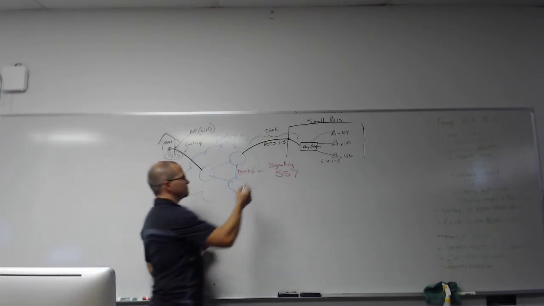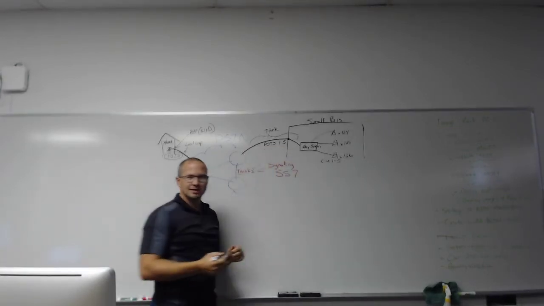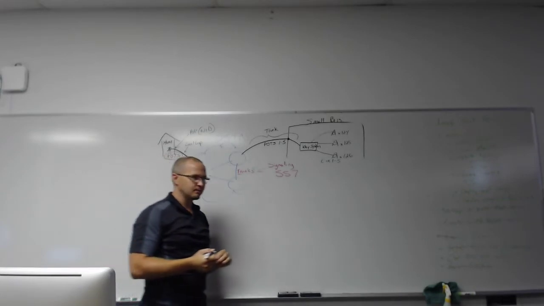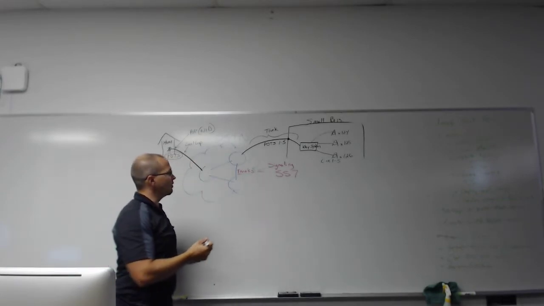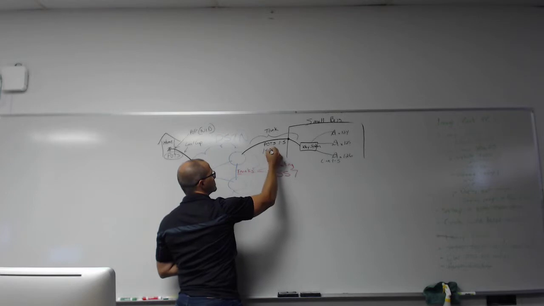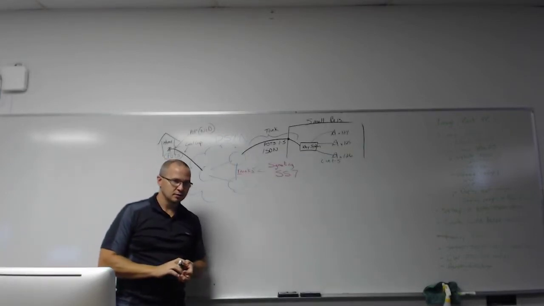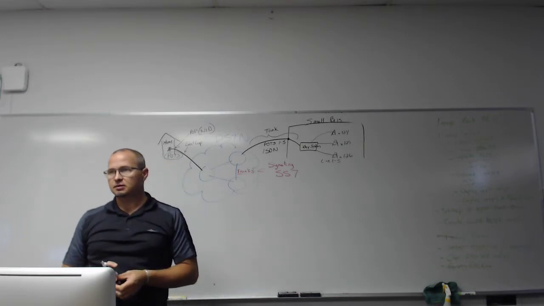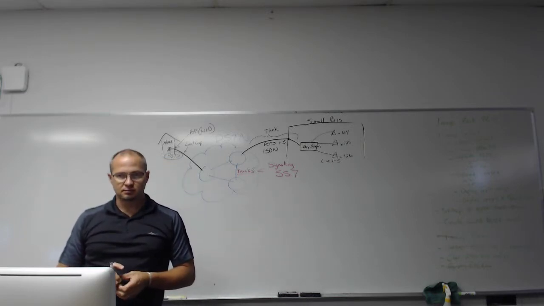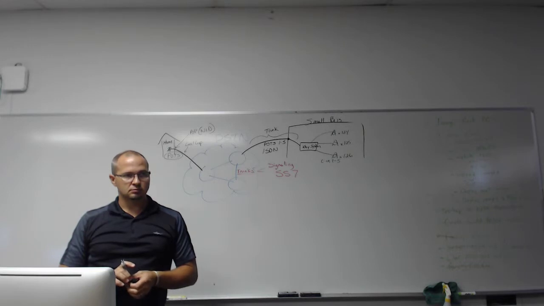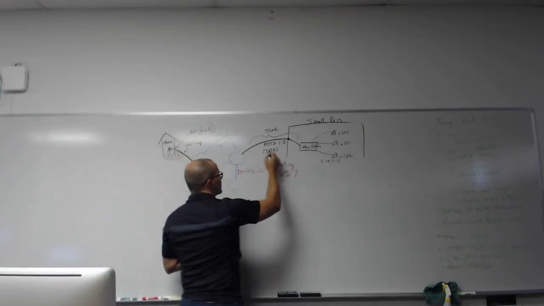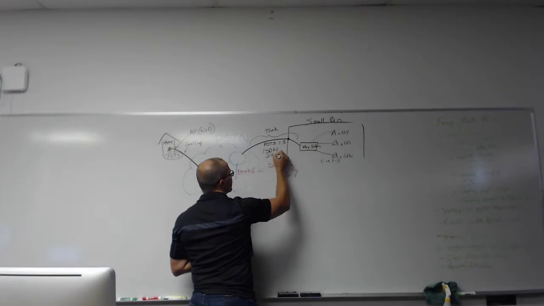So the POTS line, another solution that's kind of going by the wayside is the use of ISDN. ISDN uses 3 channels. Two of them are at 64 kilobits per second, and one of them is at 16 kilobits per second.